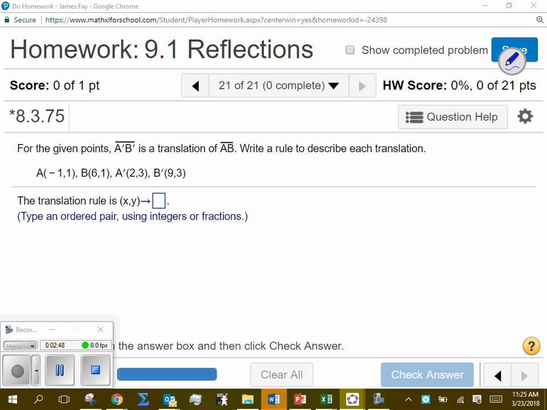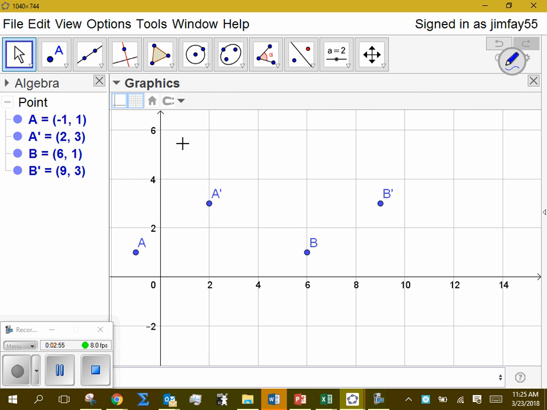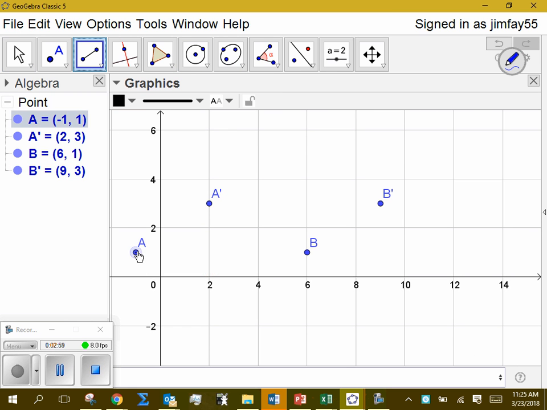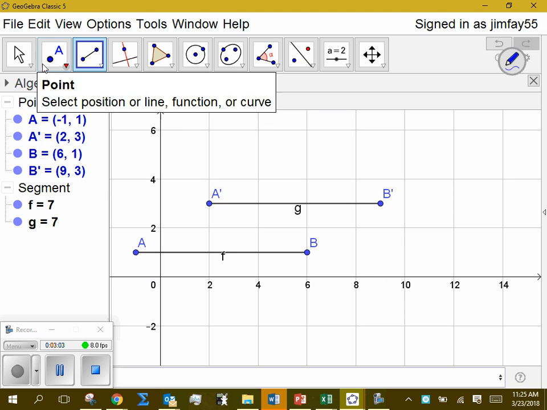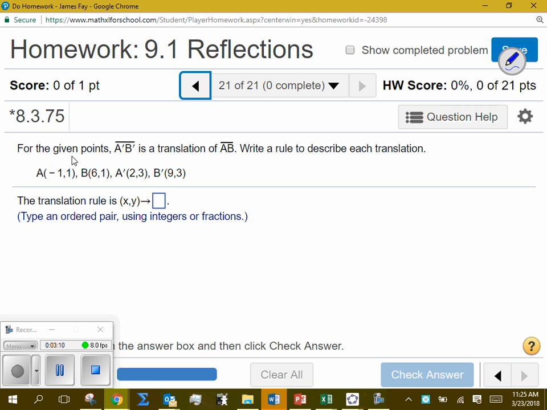So this is going off of what we talked about on Monday and Wednesday a little bit. Okay, so those are your two shapes, right? I said A prime, B prime is a translation of AB, okay?